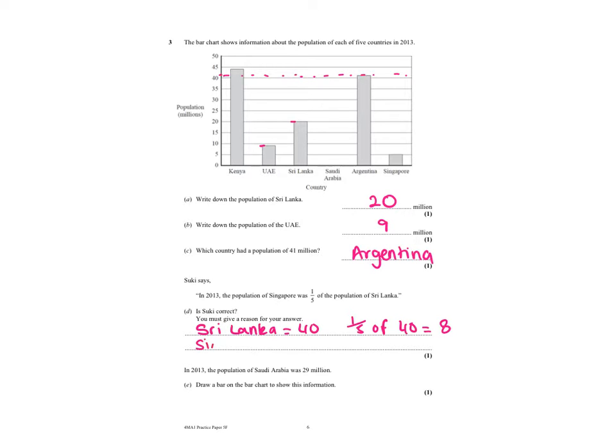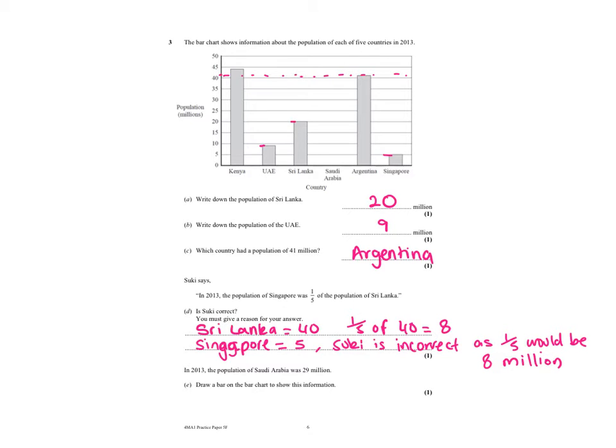And Singapore has a population of 5. So Suki is incorrect, as a fifth would be 8 million.